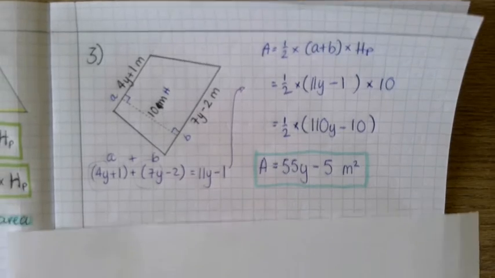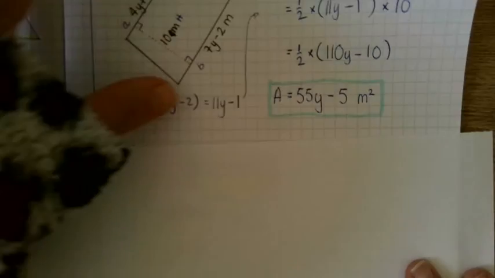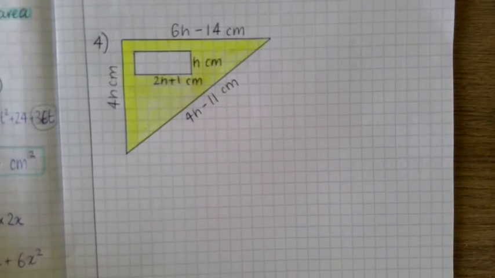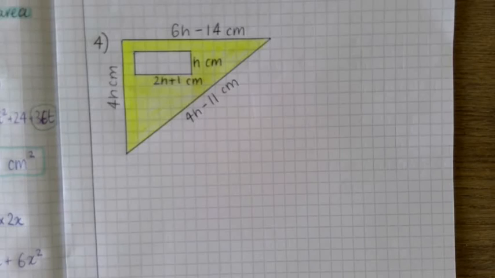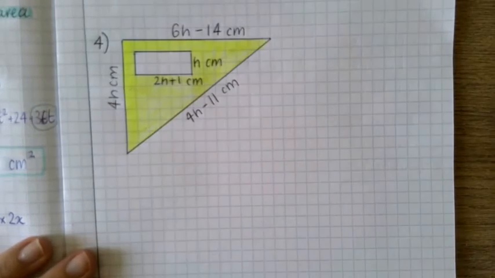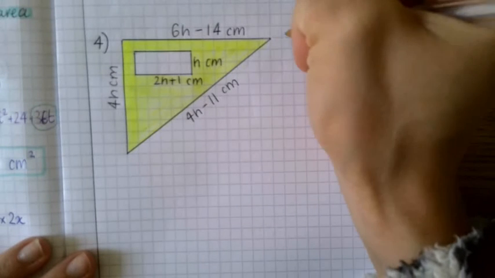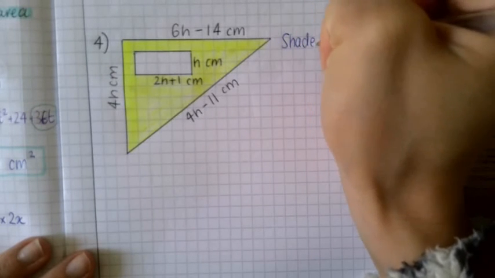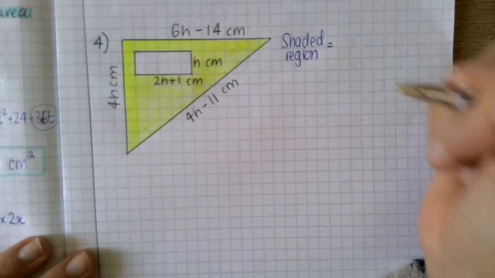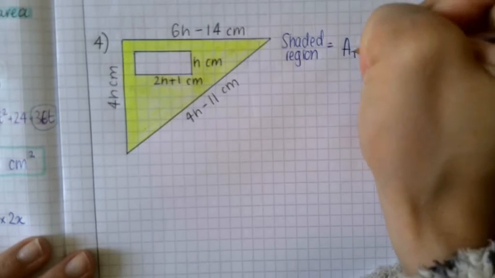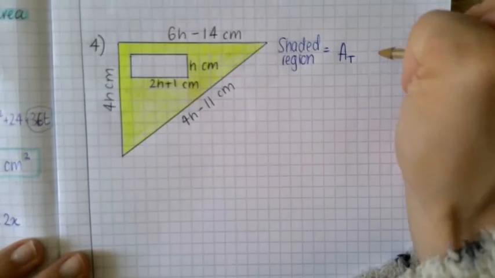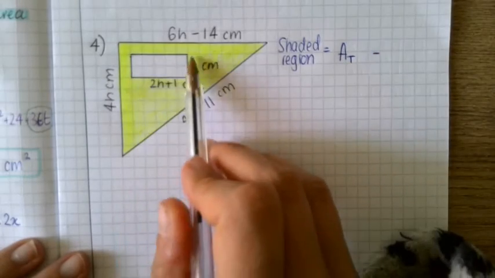And then this last example is going to put some of this all together. So in this last example, I'm going to find the area of this shaded region, this yellow region here. And I can see that this shaded region is equal to the area of this large triangle, which I'm going to write as AT, take away the area of this little rectangle here.